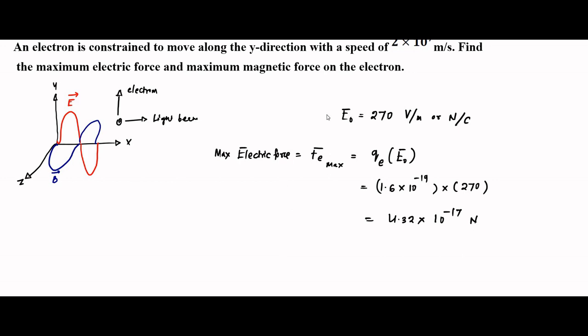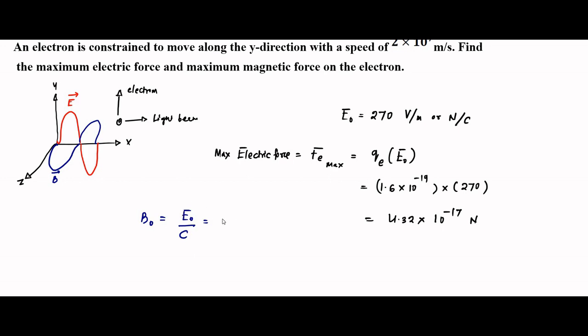It has also been asked to find the maximum magnetic force. For that we have to determine the amplitude of the magnetic field B0. So simply we'll be using the relationship E0 by B0 is equal to C. So B0 will be equal to E0 by C, where C is the speed of the electromagnetic wave in free space.